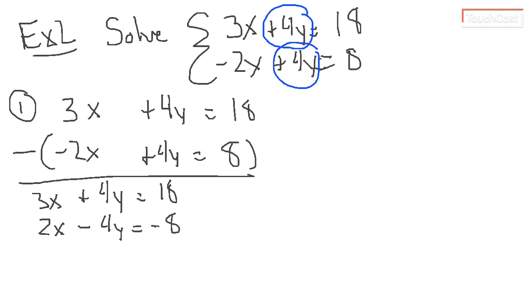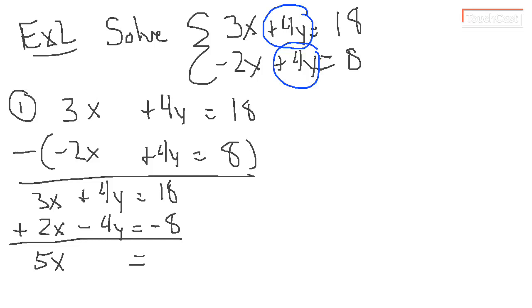And then this looks more like what we just did in our last example. Now vertically adding 3x and 2x, we're going to get 5x, and our y terms are going to cancel each other out. So I'm not going to actually write anything under the y terms.